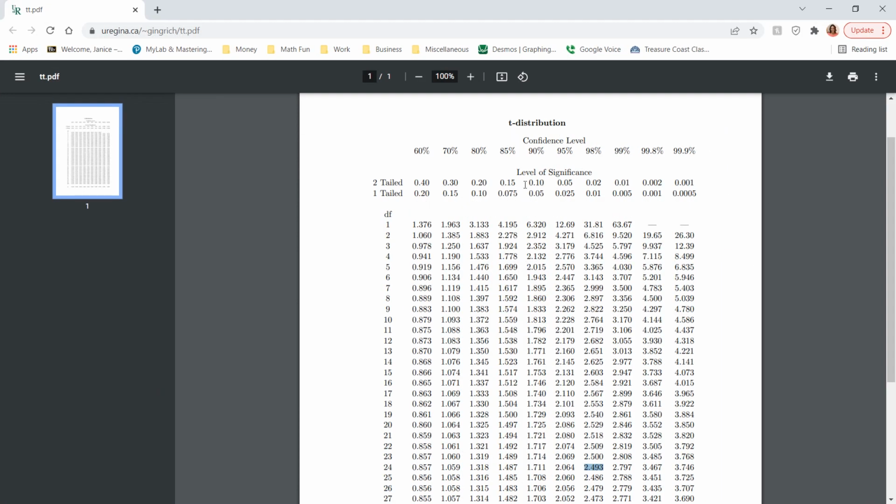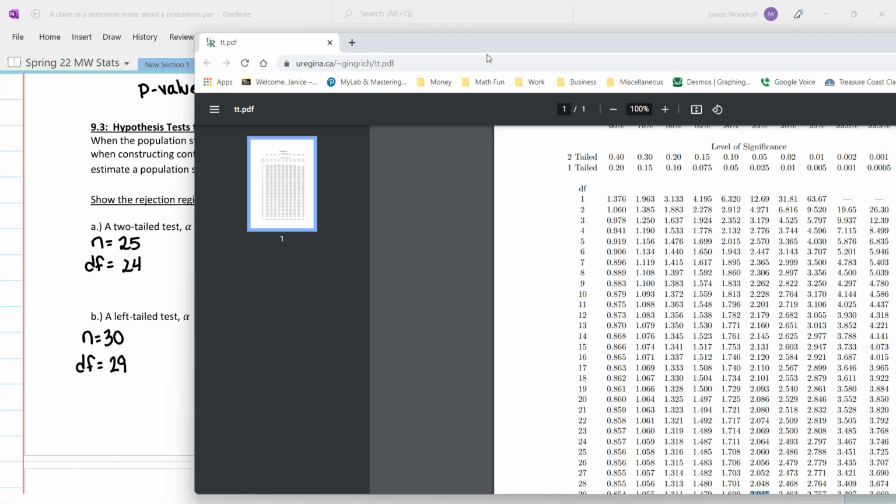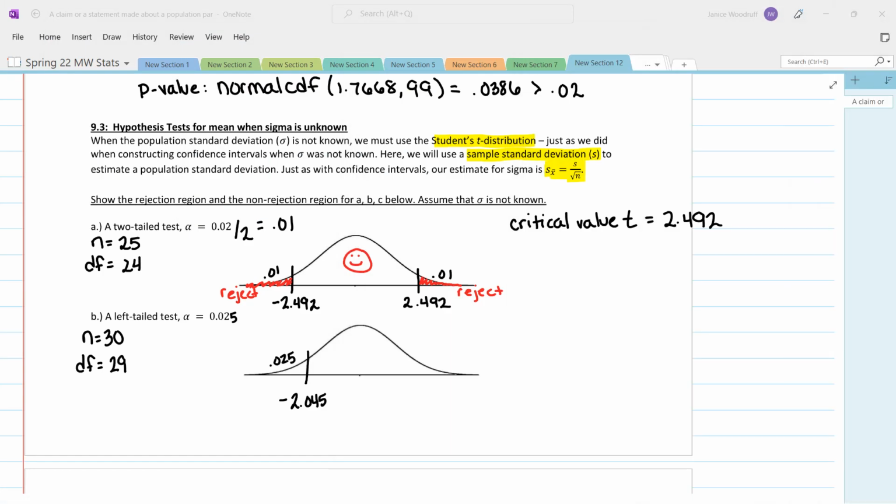So this time it's one-tailed because we're just looking at the left side. So we're going to use the 0.025 level of significance, degrees of freedom 29. So right here, 2.045. And then because it's left-tailed, we would want to make it negative. Okay, so we have a negative 2.045.